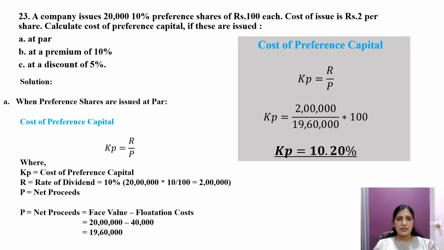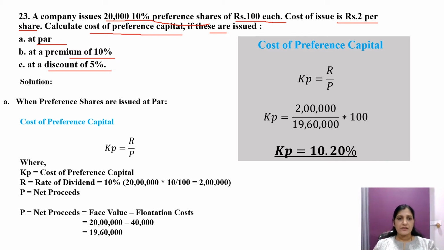A company issues 20,000 10% preference shares of rupees 100 each. Cost of issue is rupees 2 per share. Calculate the cost of preference capital if these are issued at par, at a premium of 10% and at a discount of 5%.